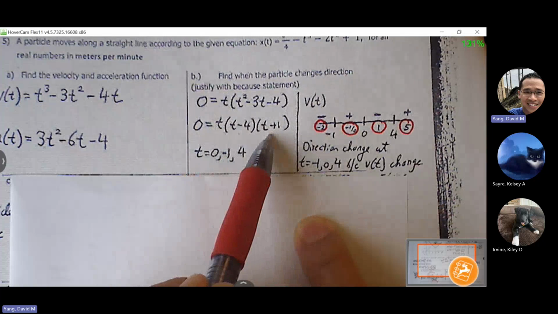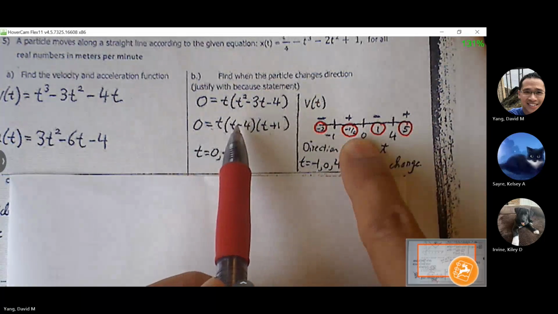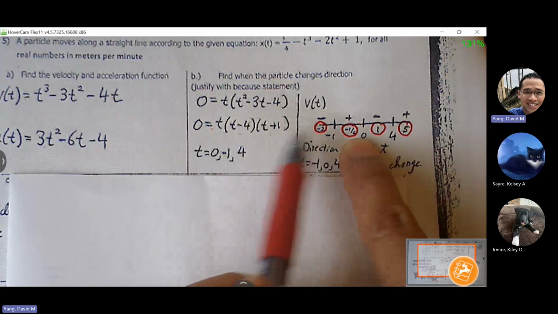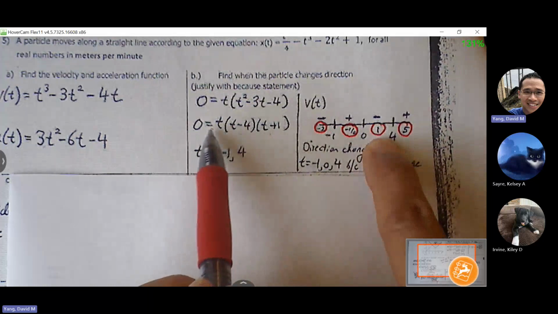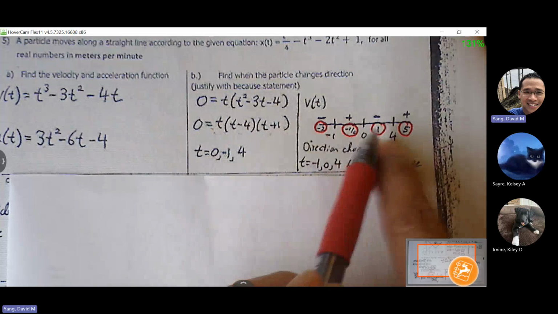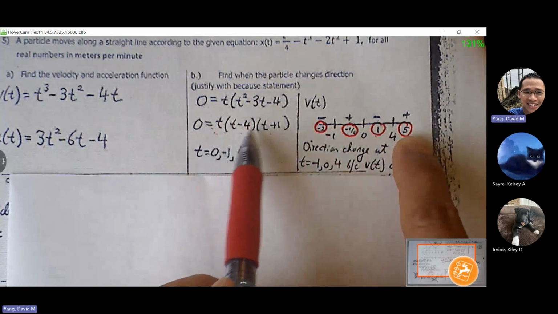So 3 negatives still remains negative. -1/2, so that's negative, negative, positive. 2 negatives and a positive makes positive. Plug 1 in, positive, negative, positive. There's only 1 negative here, so negative. Plug 5 in, positive, positive, positive.